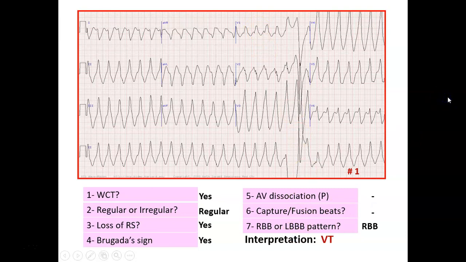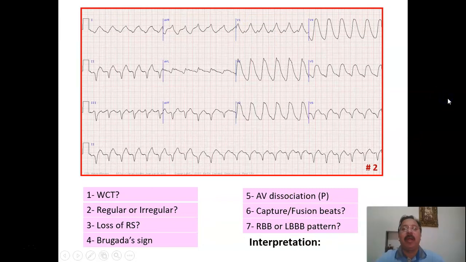So our interpretation is very straightforward: this is ventricular tachycardia. Look at this ECG again. Is it wide complex or narrow complex tachycardia? It's wide complex tachycardia, so your answer is yes. Regular or irregular? Again, this is mostly regular. Loss of RS, look at the chest leads: mostly RS is lost.